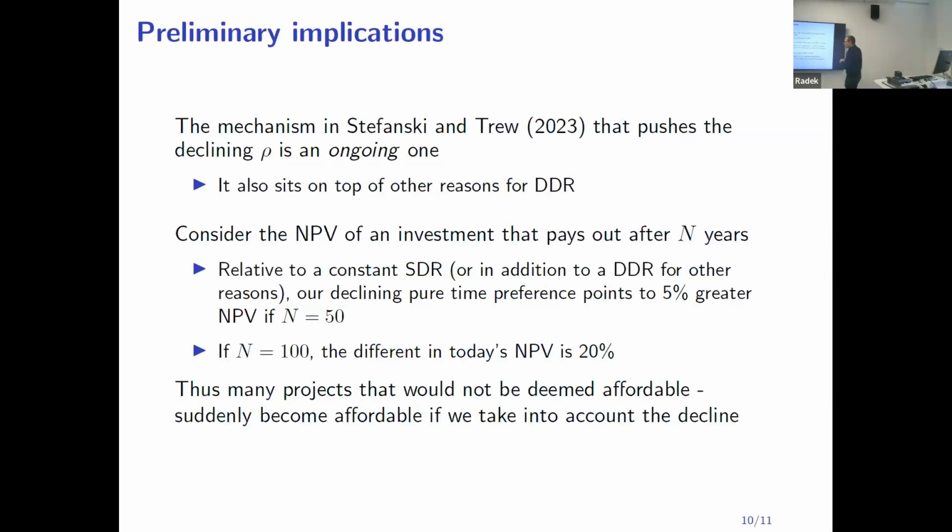Consider the net present value of an investment that will pay out in the future, say after n years. Relative to a constant social discount rate, or in addition to a declining discount rate for other reasons, our methodology will basically point to a 5% greater net present value if the project pays off in 50 years, and if the project pays off in 100 years, the difference in today's net present value is 20%.